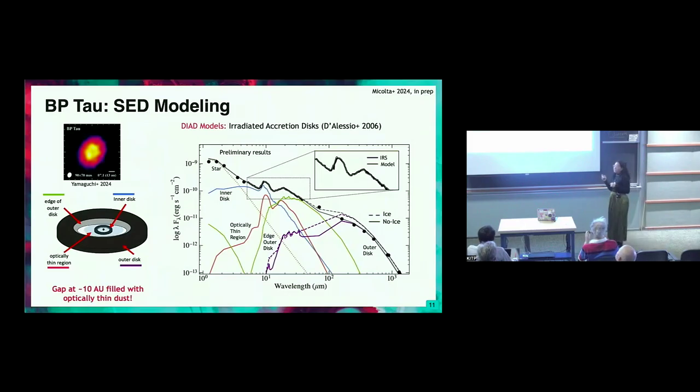This was key because we couldn't reproduce the SED without a structure. We need an optically thin region in the middle to be able to reproduce the silicate features. So that means that there is a gap, but that gap is filled with this optically thin dust.